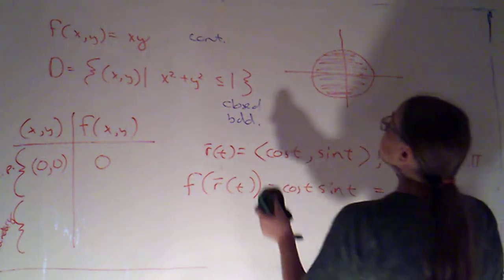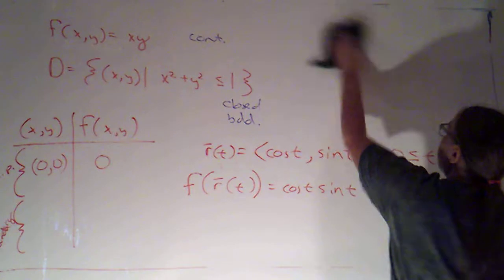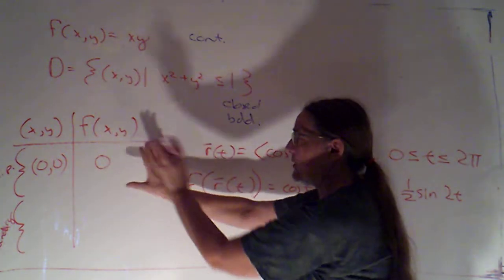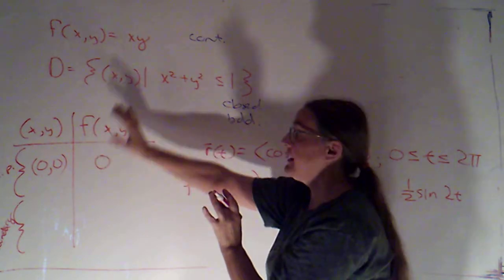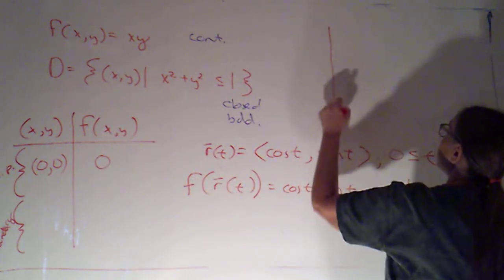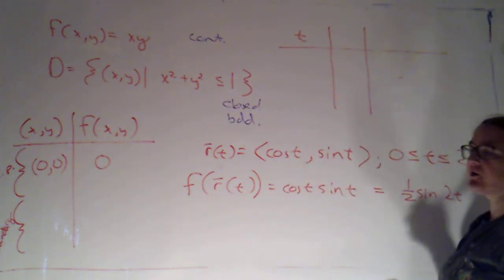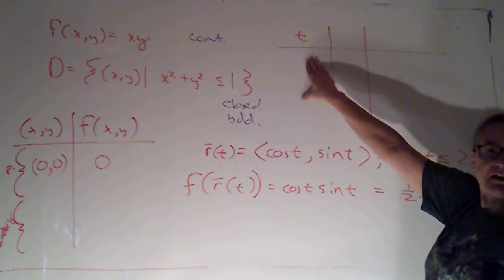Okay. So I'm going to create a table just for the boundary. I usually have a master table for my critical points for f overall, and then my points on the boundary. And I usually will just create a separate table for each portion of the boundary, simply because those are also going to have t values.